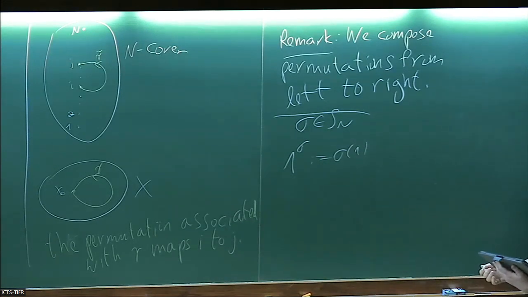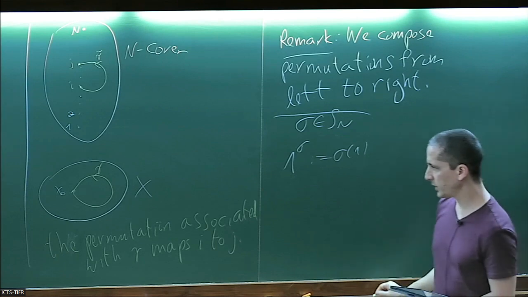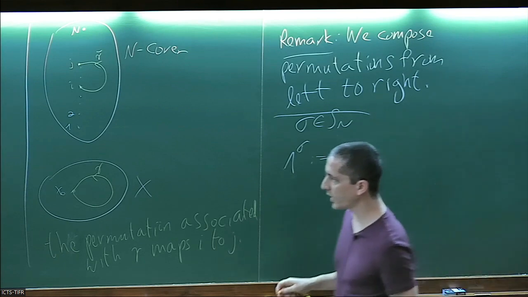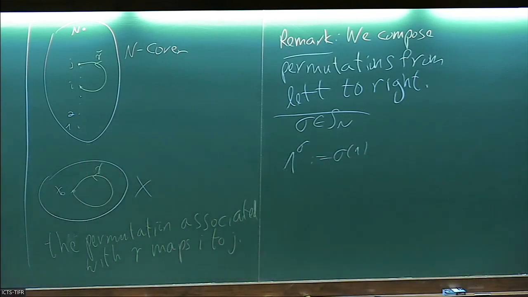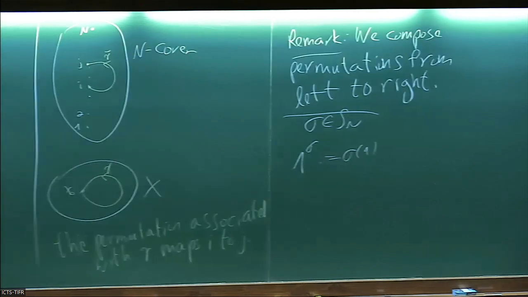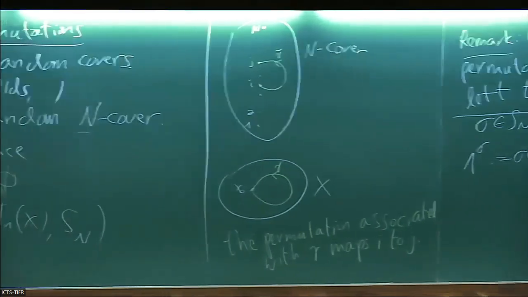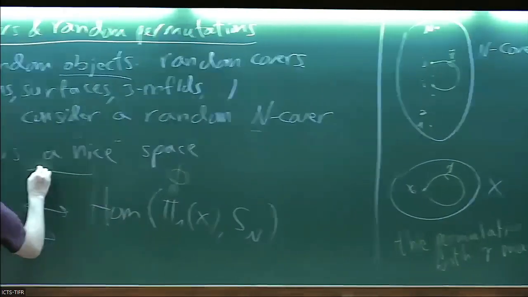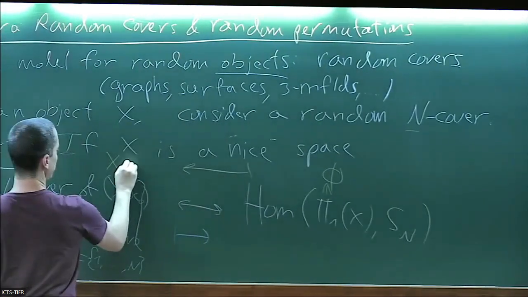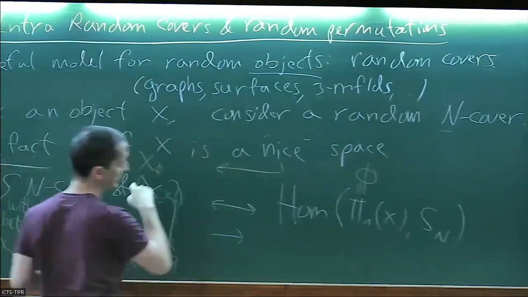So notation-wise, if I have a homomorphism phi here, I'm going to map it to X phi here.